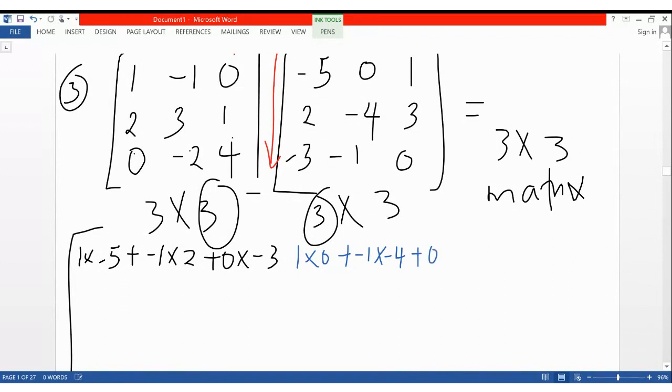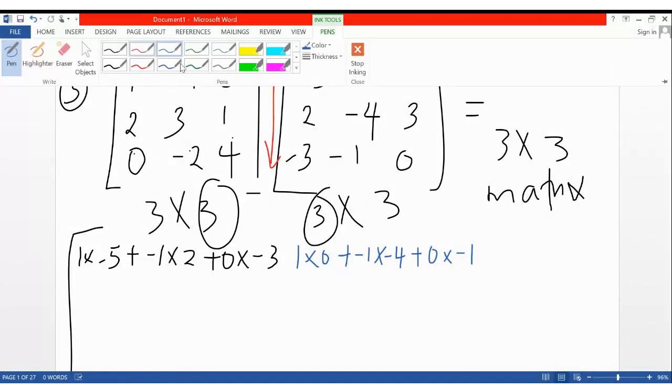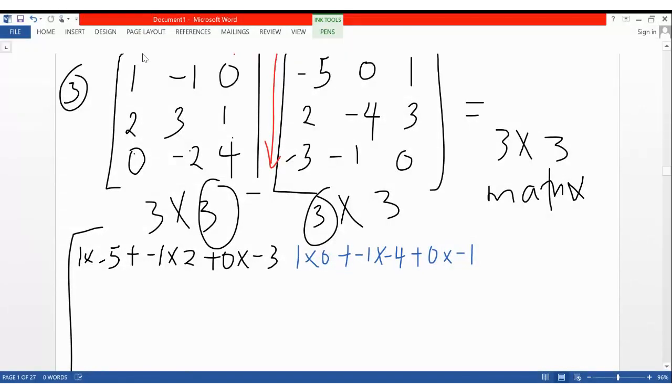Then I go finally to the other pen. I'll have 0 times 1 plus 1 times 3 plus 4 times 0. So I'm able to see my board is not that big, so I'm overstretched, but it's still okay.